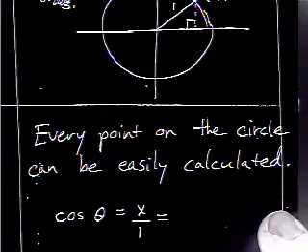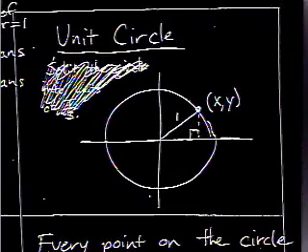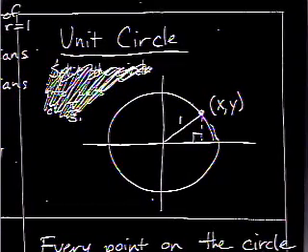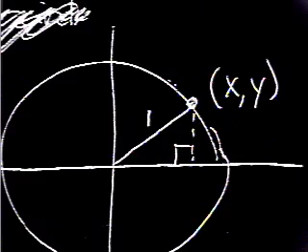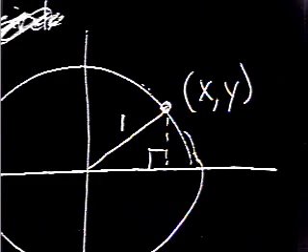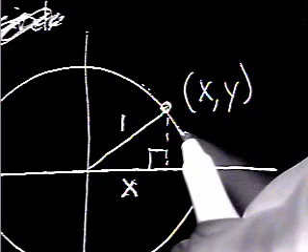Okay, what about the unit circle? That is a circle of radius 1. Every point on that circle has an x value and a y value. I've got x here and I've got y here.